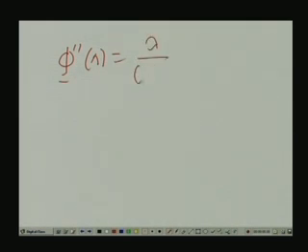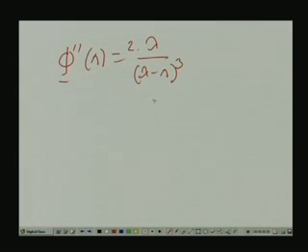Similarly, this is equal to lambda by lambda minus s, the whole square; this should be 3 and here should be 2.